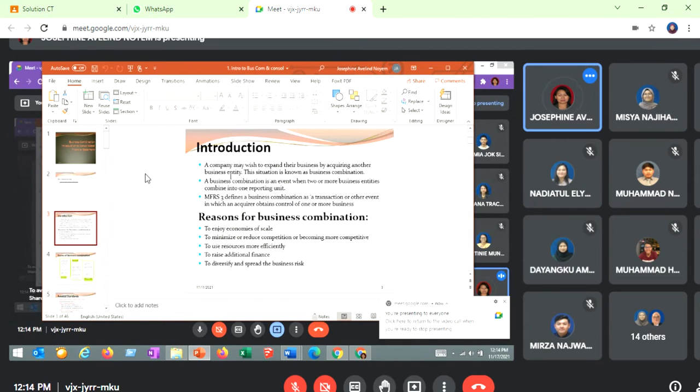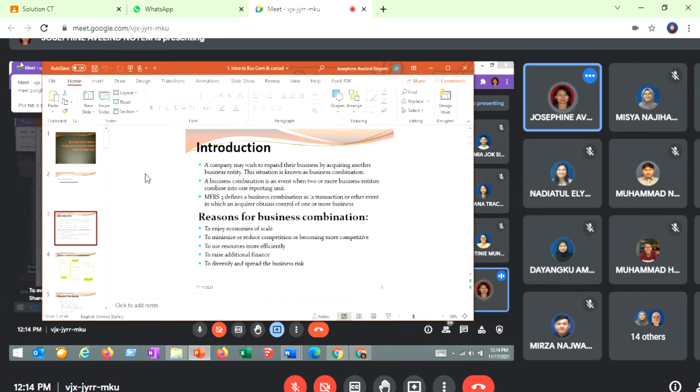If you go to your textbook, chapter 9, under the topic of business combination, you can read from there. It mentions something about business combination. You can read that later on.